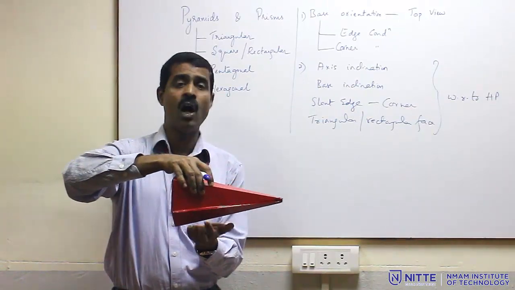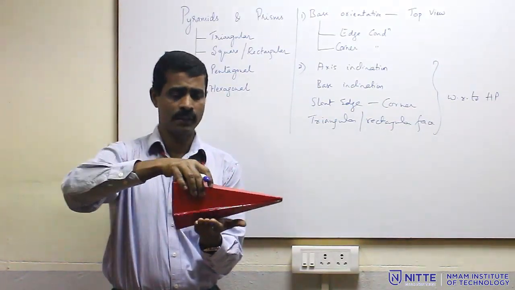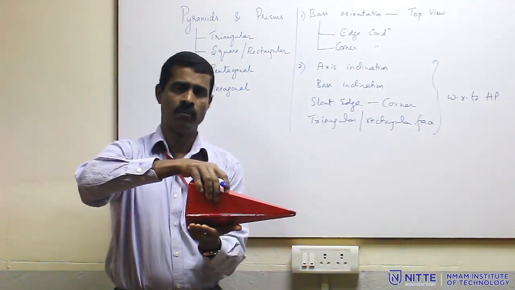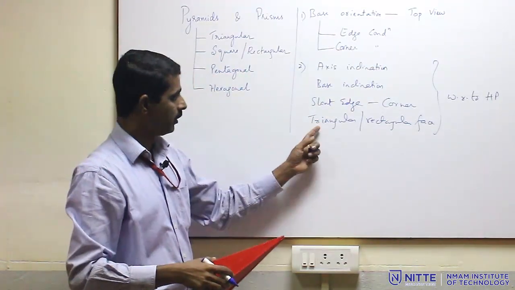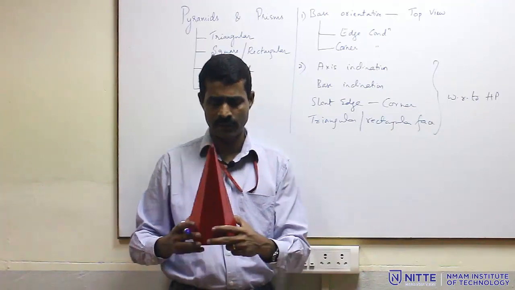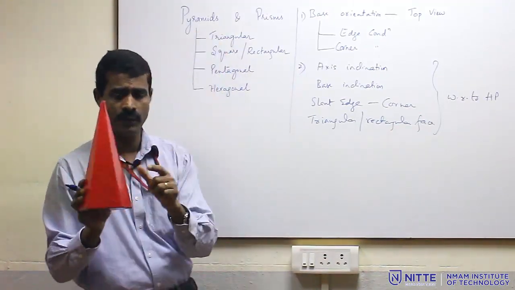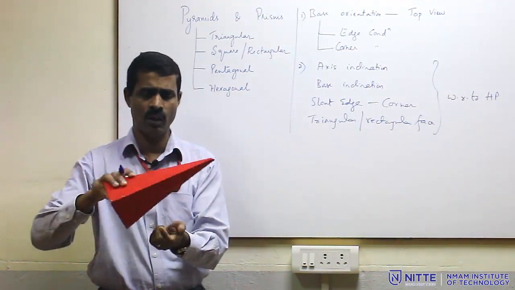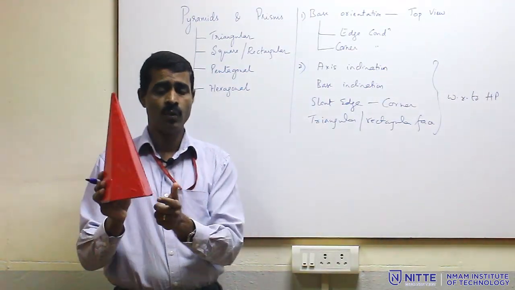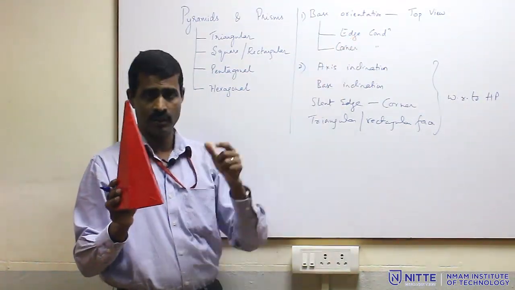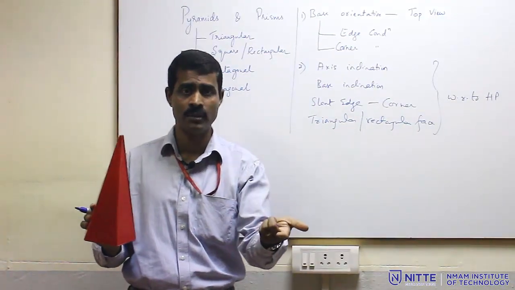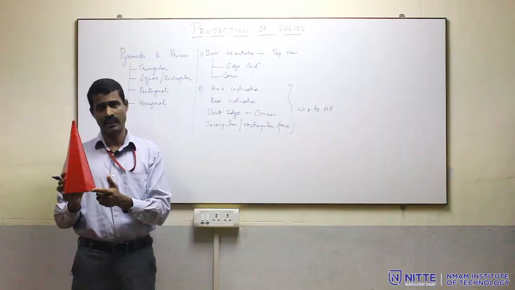Sometimes the slant edge may be on HP, then we have to rotate completely such that the slant edge merges with the XY line. Then triangular face or rectangular face. In case of a pyramid, we have a triangular face. So, whenever some inclination or on-HP condition is given with respect to a triangular face, or a rectangular face in prisms, we have to go for edge condition.